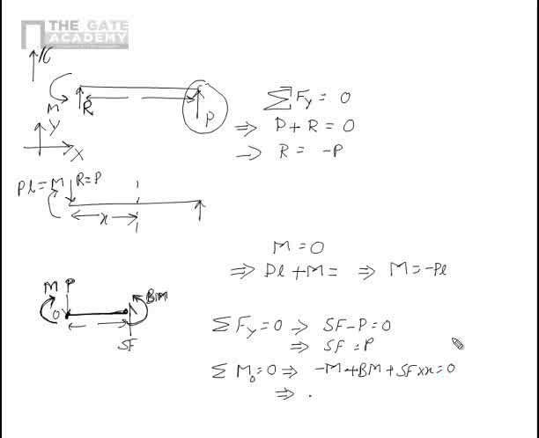So I take out BM, which is the unknown quantity here, BM equal to M minus SF times X, which equals PX, so that becomes the equation for BM, the bending moment.